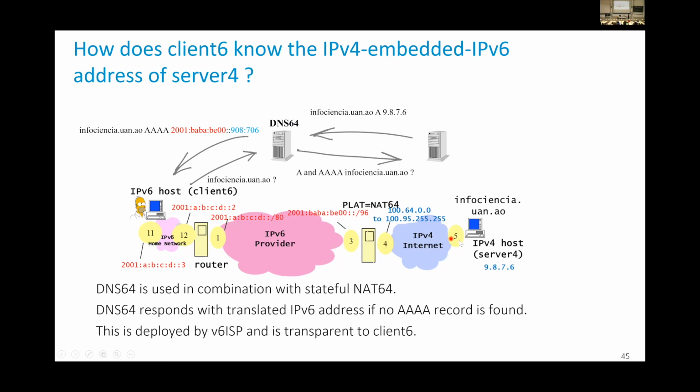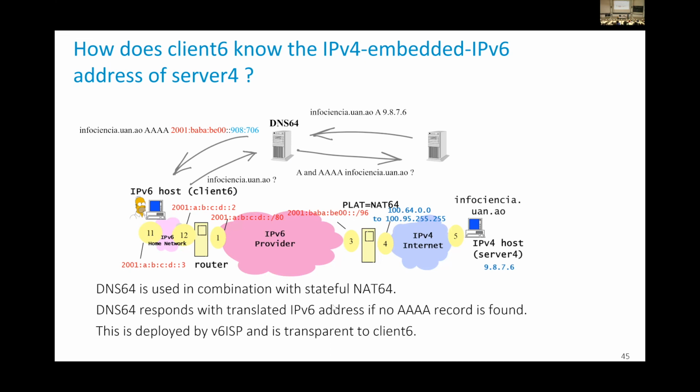So for you, your machine is still configured as being purely IPv4, but your provider will cheat and will write in the DNS server an IPv6 address that corresponds to the block that the provider has reserved for customers like you, and with an IPv6 address that you don't even know that you have. So there is no IPv6 in this world here. So you don't even know that you have an IPv6 address, other than if you go and query the DNS.